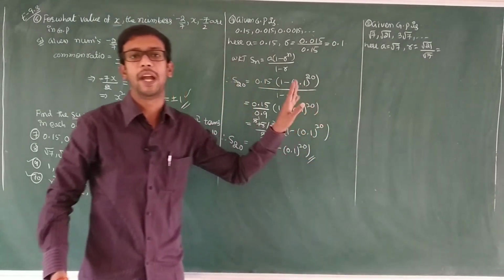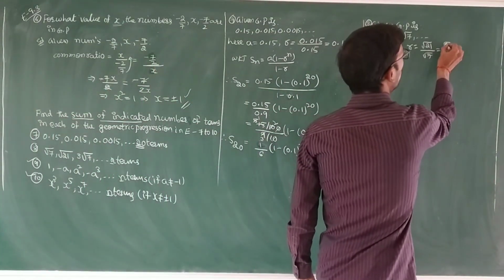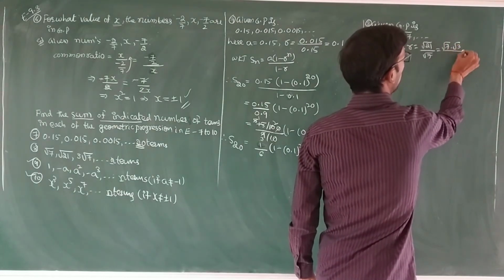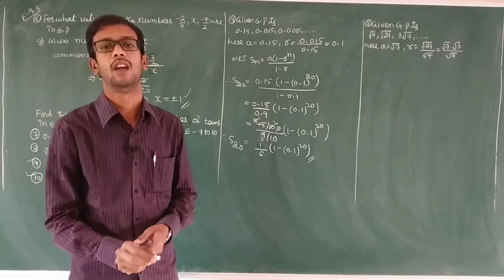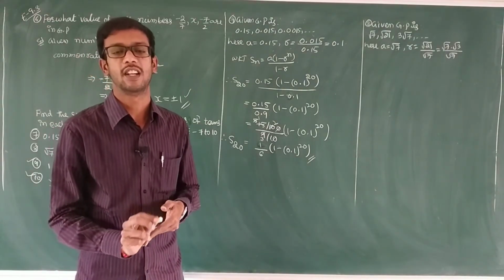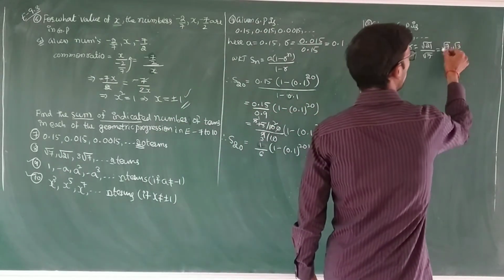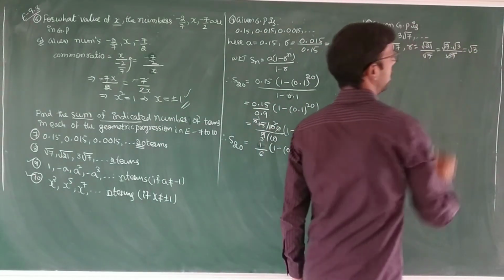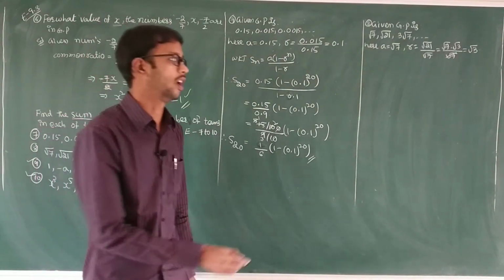This one we have to simplify. Observe properly: root 7 into root 3 by root 7 we can write, since root 7 into root 3 is root 21. So root 7 cancels, and root 3 is the common ratio.